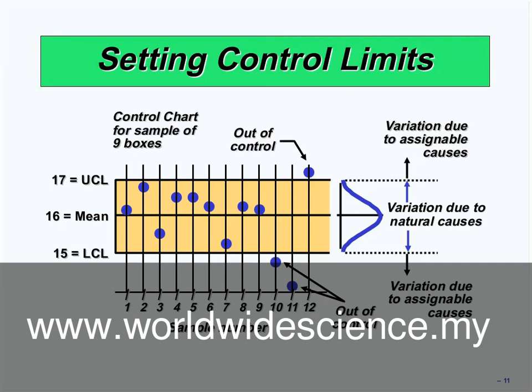So at first we should calculate the limitations, the upper control limit and lower control limit, because these two numbers, UCL and LCL, upper and lower, or maximum and minimum, can tell the operation manager whether the process is under control or not.